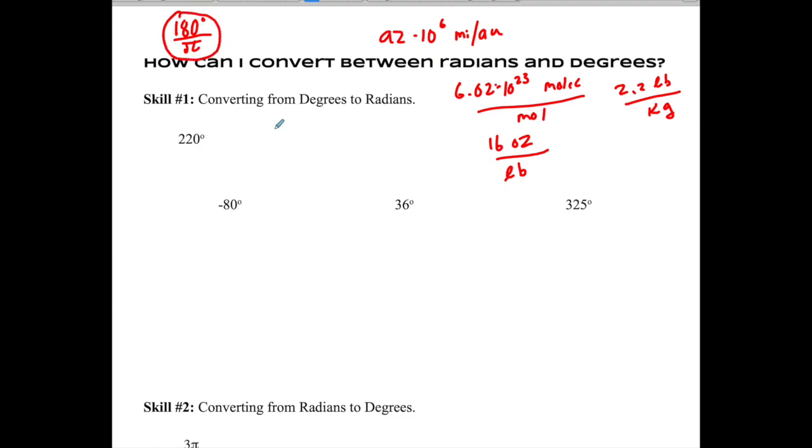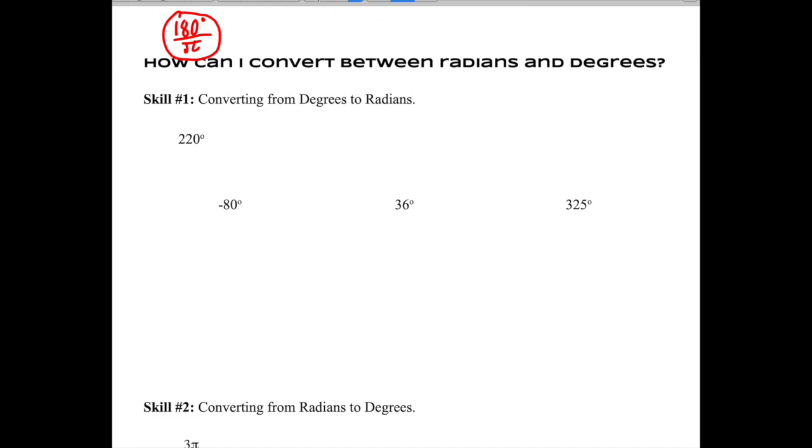So if I want to convert from degrees to radians, let me give you an example. Let's say I want you to convert an hour into seconds. You take an hour and multiply, but you don't put your hours up here.